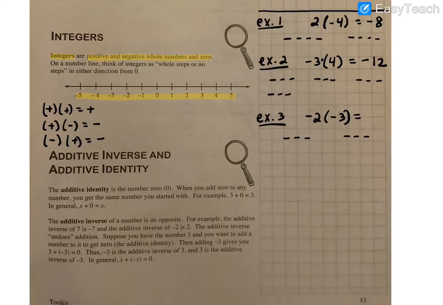But it told me that it's negative 2 groups. And when I think of negative 2 groups, I think of 2 groups that are actually the opposite, because negative kind of means the opposite. So instead of these being negatives, I'm going to do the opposite of negative, which is positive. So I'm going to make these all positive, which now I have 6 positives. That would be my answer.